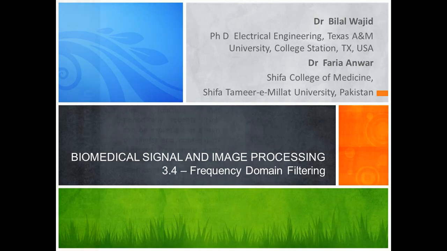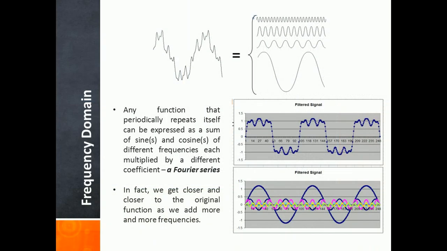And it really goes back to the fundamental concept that any periodic signal, as in the case here, can be represented as a Fourier series, as a sum of sines and cosines. And the more higher frequency components you take, the closer it looks to the original signal.